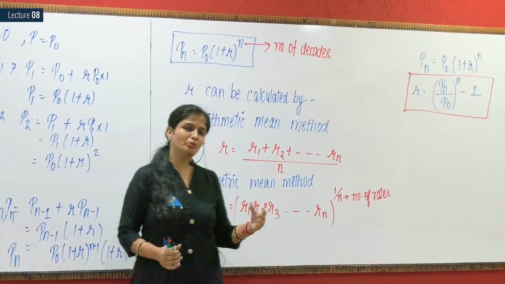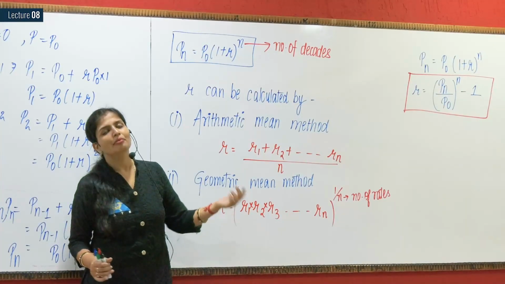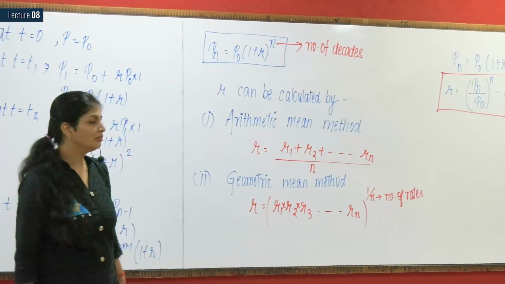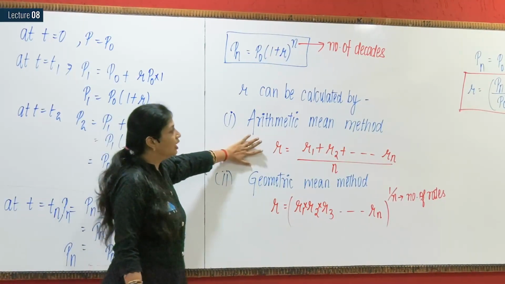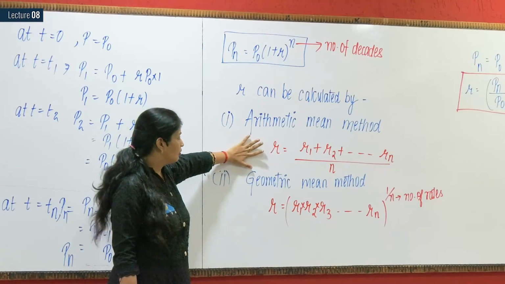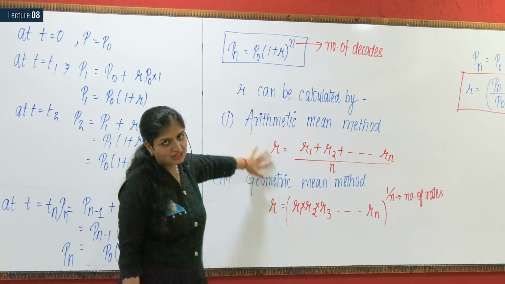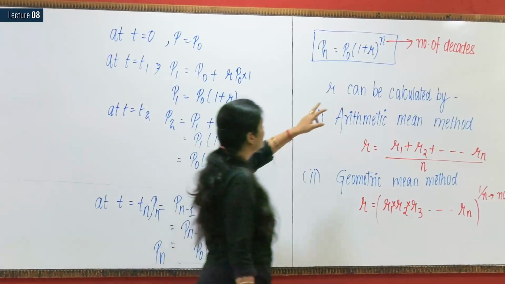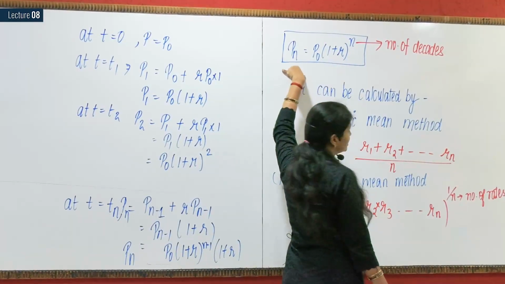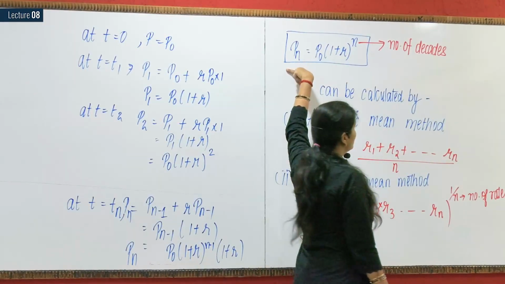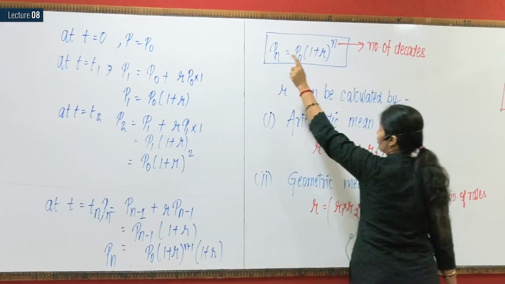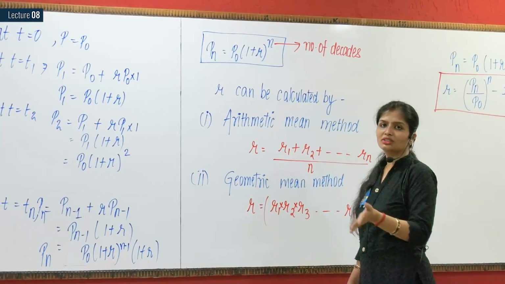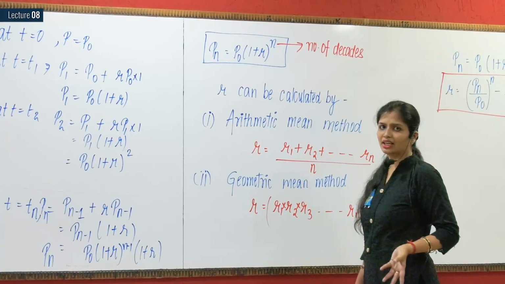Actually, we should use the geometric mean method to calculate R, but just for your information, in practical purposes, in fields and all, engineers use the arithmetic mean method to calculate R to be on the safer side, because you will get a larger value of R, and if you get a larger value of R, you will get a larger value of Pn. So you will design the service life of everything accordingly.